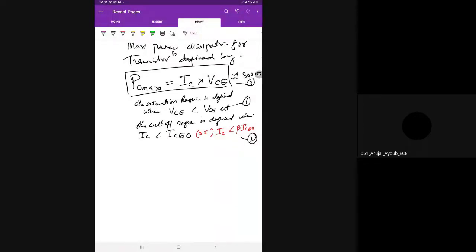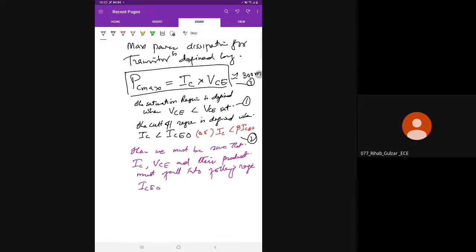Or we can say if the characteristic curves are not available, then we must be sure that IC, VCE and their product, because their product is power, must fall into the following range.